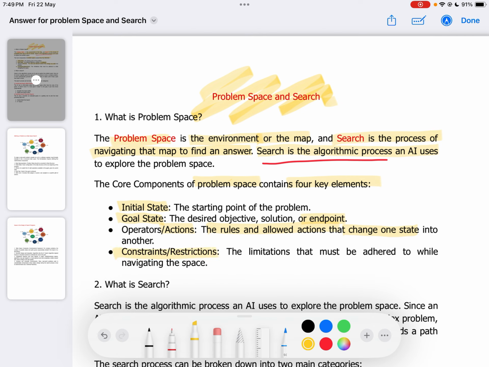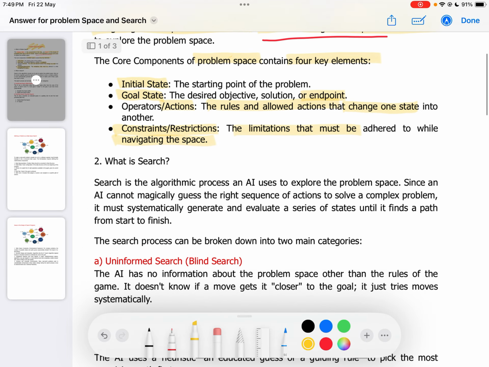Fourth is the constraints or restrictions. These are the limitations that must be adhered to while navigating the space. Hope you understand.